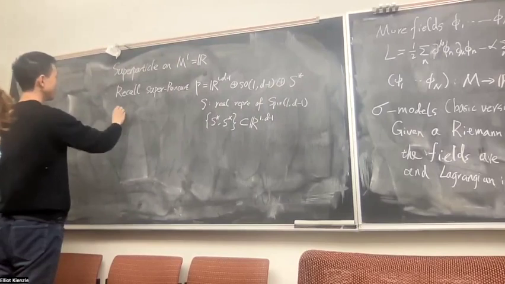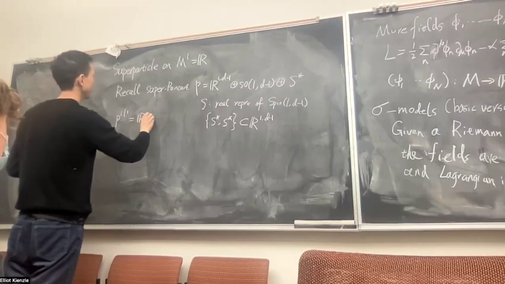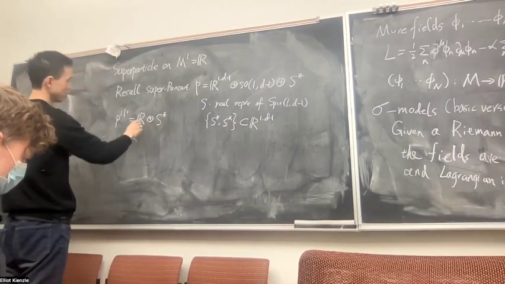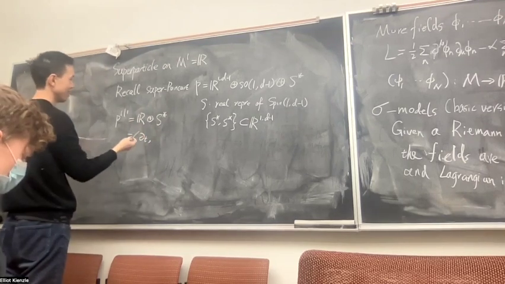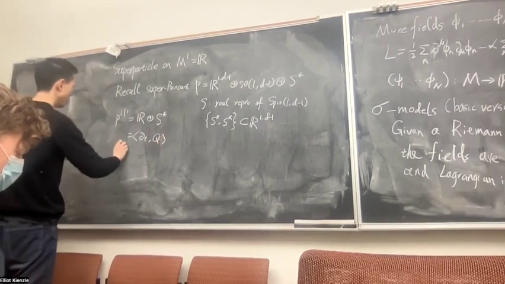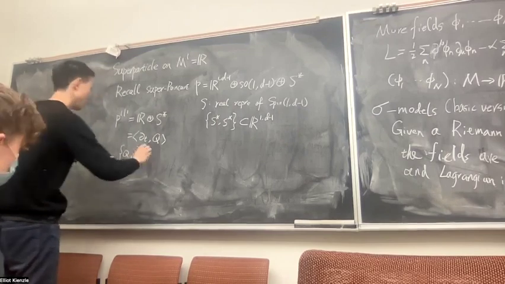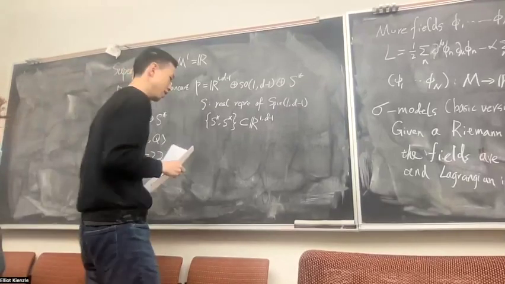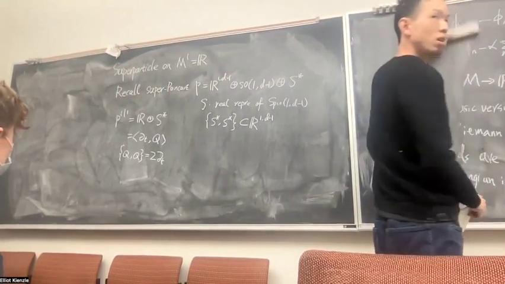So in our case we have P^{1|1}, which is a direct sum of R and S. For this R, the generator is time translation by T, and for this S, I will call the generator Q. And we want the relation that the anti-commutator of Q with itself is equal to two times the derivative in T. So there are no spatial dimensions?